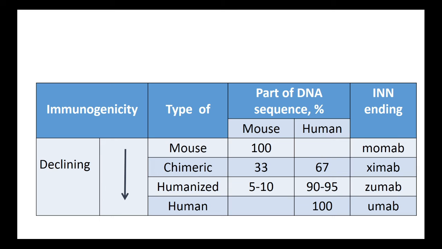And this is the nomenclature: MOMAB, full mouse; XIMAB, more human part, chimeric antibody; ZUMAB, more than 90% human, humanized; and UMAB, full human proteins.